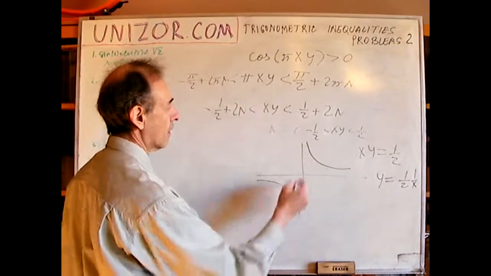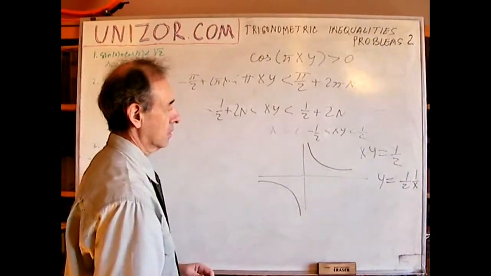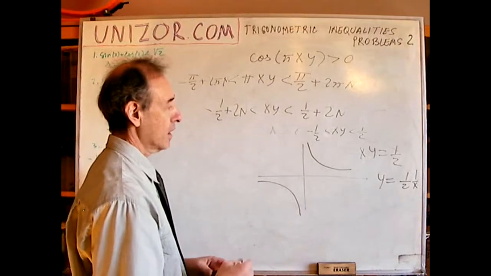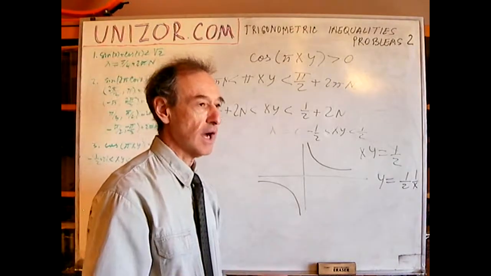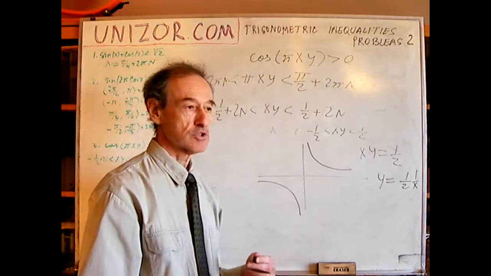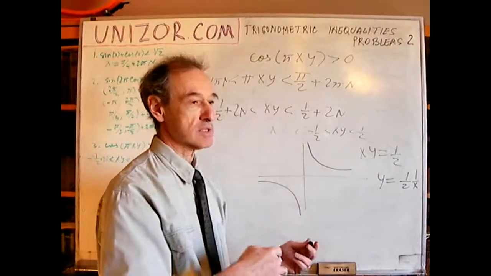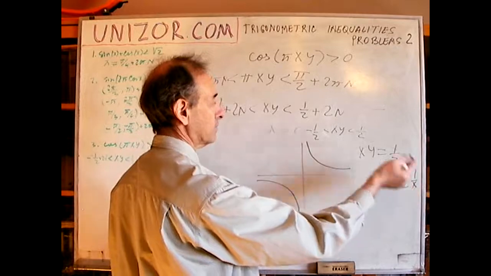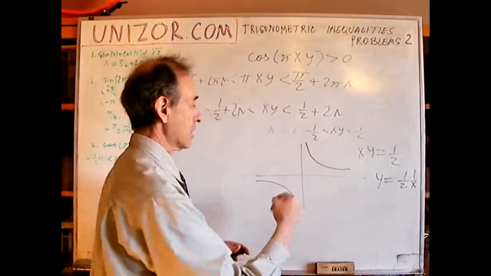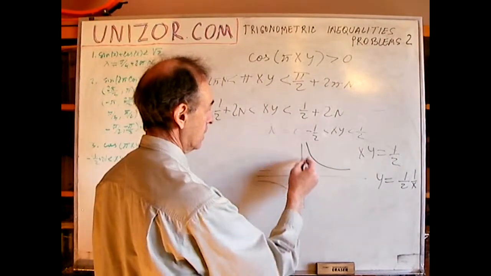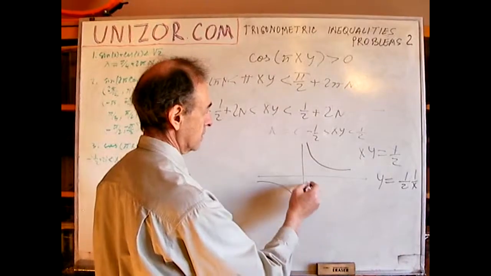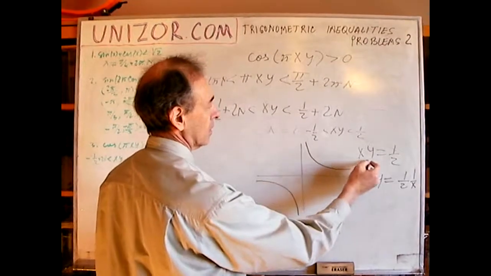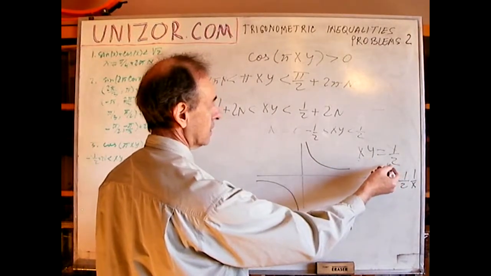So these are two pieces of the curve which are supposed to divide the whole plane into areas where xy is greater than 1/2 and less than 1/2. So in this particular area, let's say take 0, 0. 0, 0 is obviously less than 1/2.